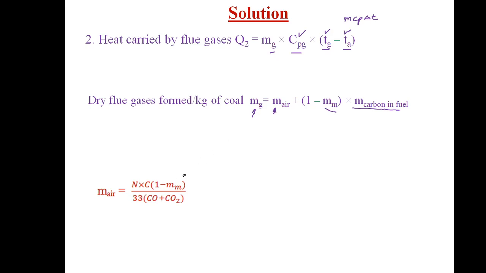To calculate mass of air we have to use this formula: N into C into 1 minus divided by 33 into CO plus CO2. How we get this formula, we will discuss in detail in the chapter on combustion of fuel. So first of all we have to find the mass of air to substitute it in the above equation. So N, percentage of nitrogen, is given as 79.5 in this problem.